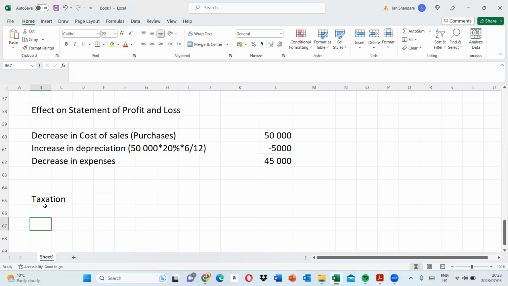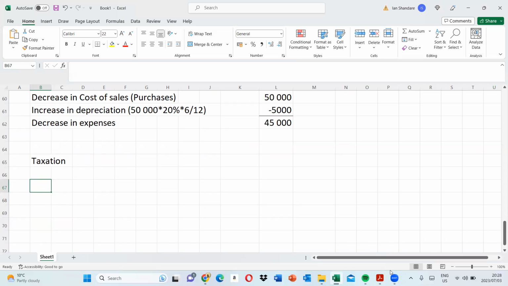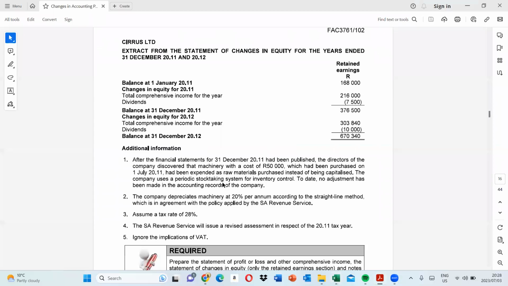Now, let's see, what is the effect of this? So let's quickly see what information we have in regards to taxation. The company depreciates machinery at 20% per annum according to the straight line method, which is in agreement with the policy applied by the SA Revenue Service. The SA Revenue Service will also issue a revised assessment in respect of the 2011 tax year.